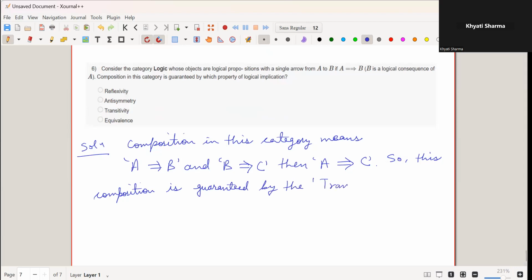Clearly, this is because A implies B, B implies C, then A implies C is what we call transitive, right? So this is the transitive property of logical implication. This composition is guaranteed by the transitivity property of logical implication.